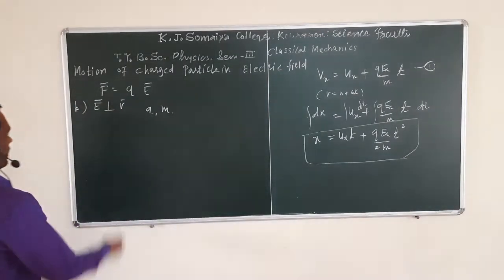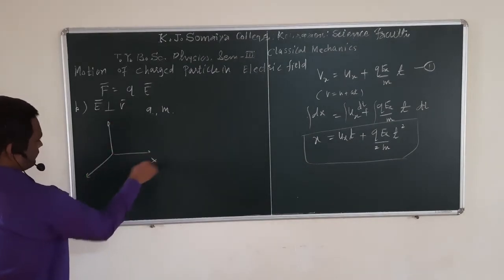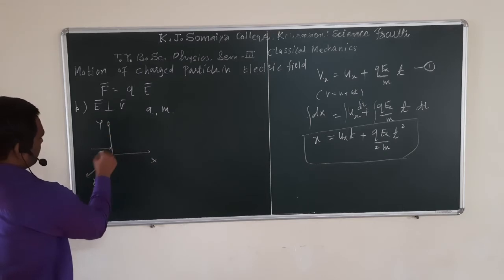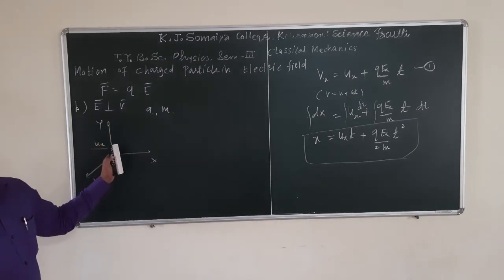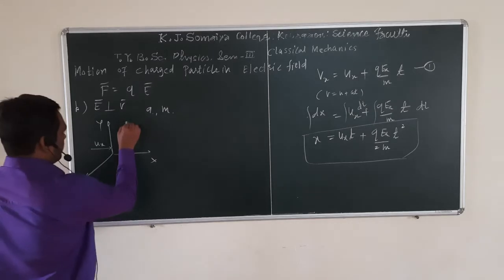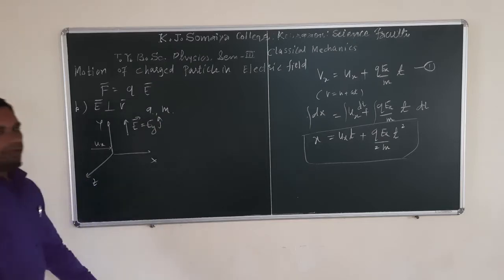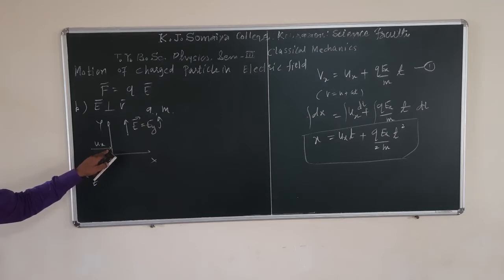How can we show that? Suppose this is the xyz axis. Now the charged particle enters with initial velocity ux at this point, and the electric field is applied in the perpendicular direction, Ey into j cap. See, electric field and velocity are perpendicular to each other.